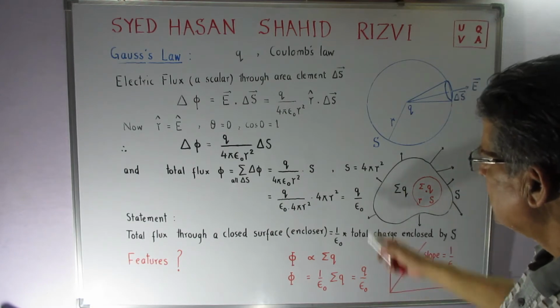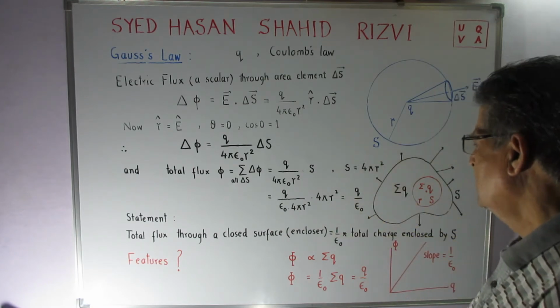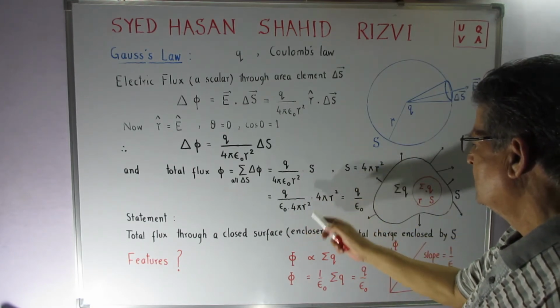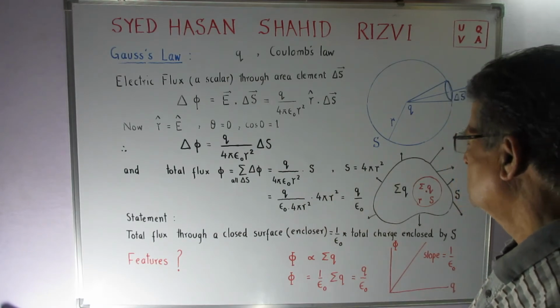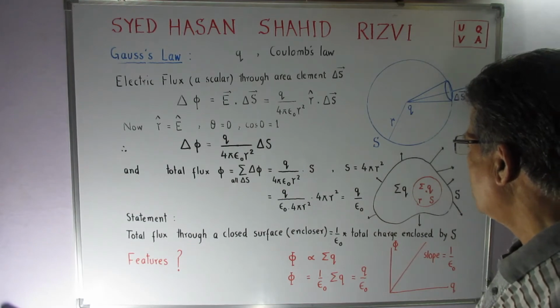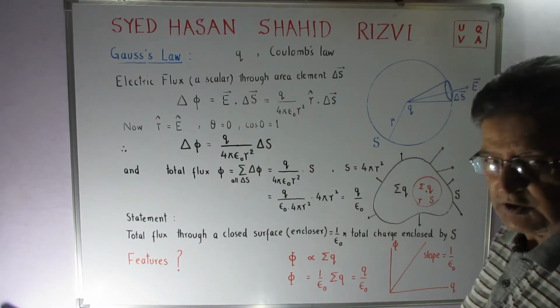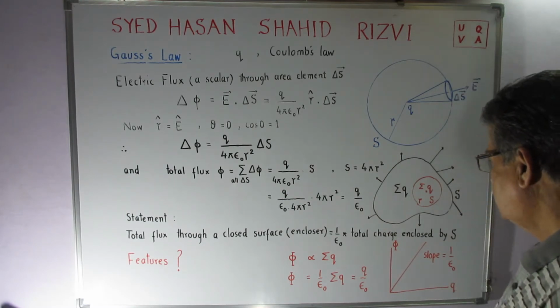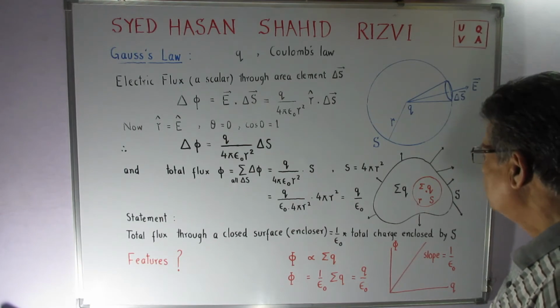Substituting this value, 4 pi R square and 4 pi R square cancel in the numerator and denominator, and I am left with Q upon epsilon naught.